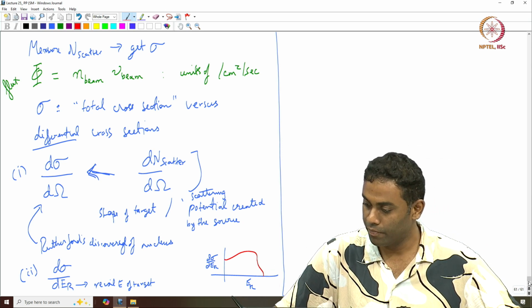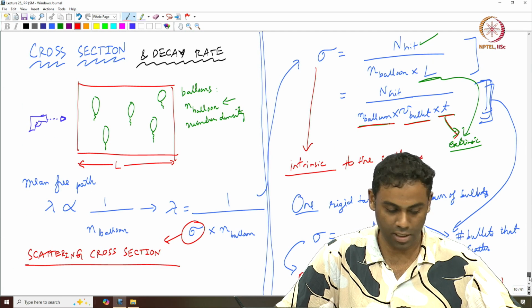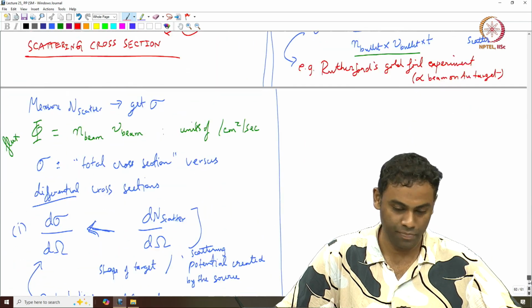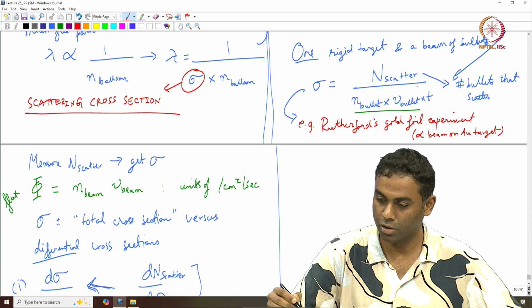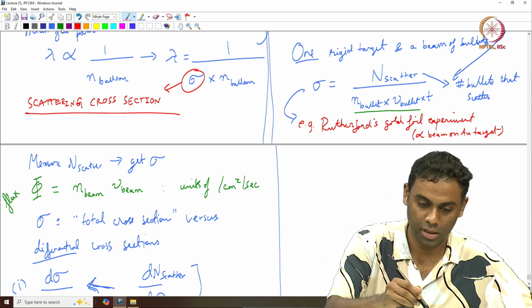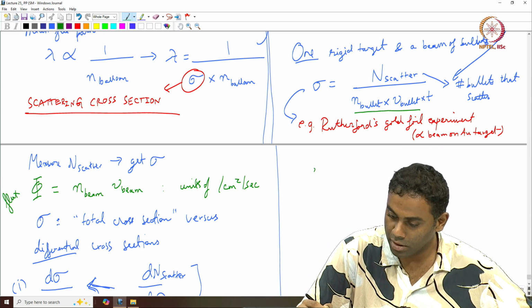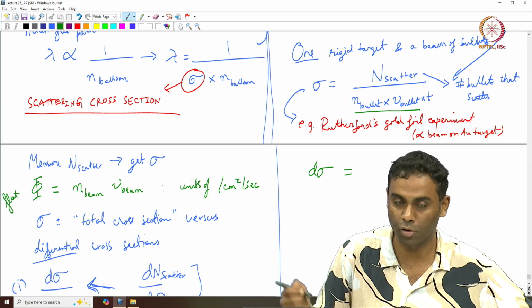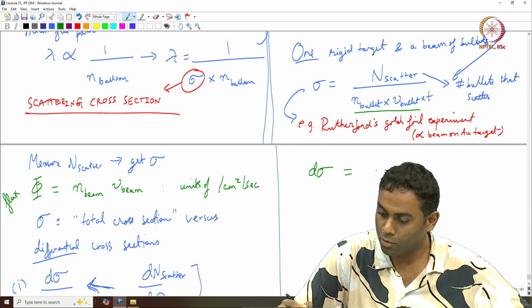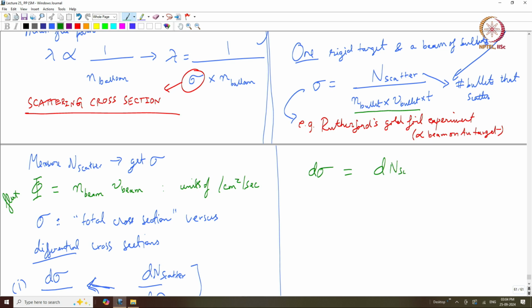Okay, so I'm going to wrap up this class by writing out the differential version of the cross section that we just wrote here. So instead of sigma, differential with respect to something, I'm not going to specify what here, would just be d n scatter divided by, a more generic thing to write would be the number density of the beam times the velocity of the beam, which is what?